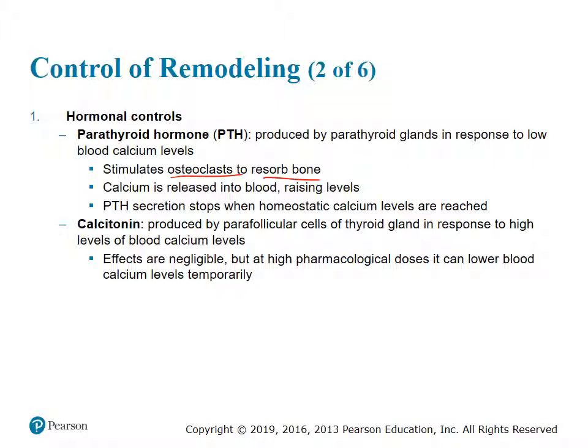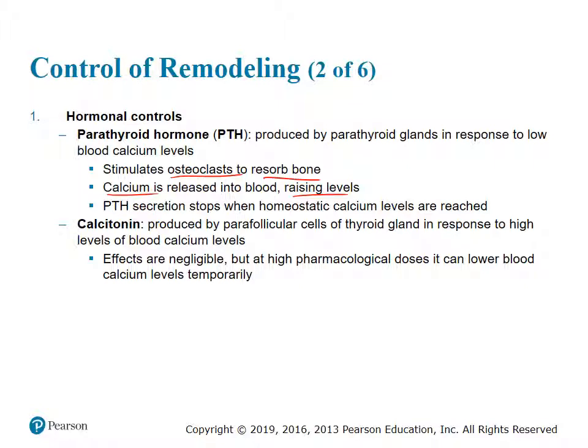And when you break down bone, you release calcium. That calcium is brought to blood. You increase blood calcium levels, right? Homeostatic controls, negative feedback system. When blood calcium levels increase to the desired level, then the parathyroid hormone secretion will stop. Very easy to understand.